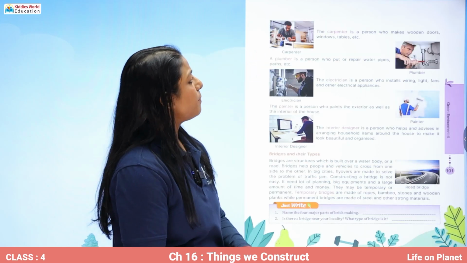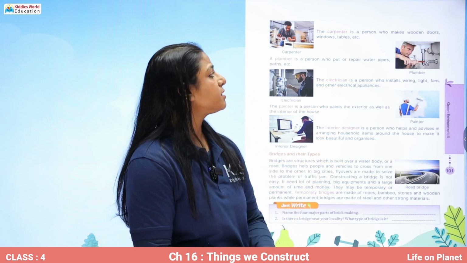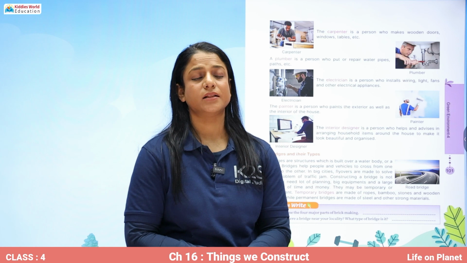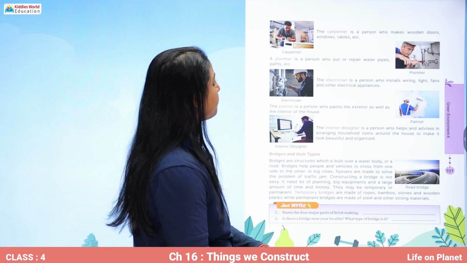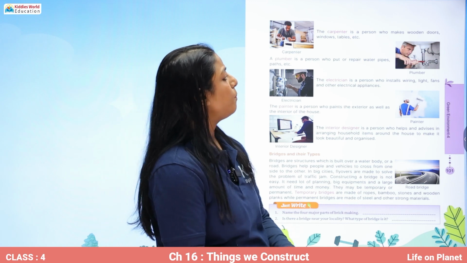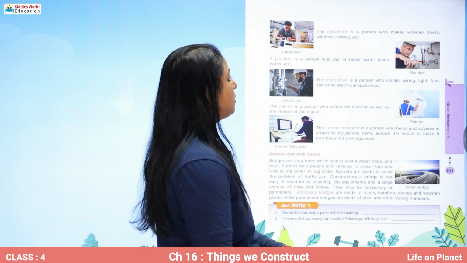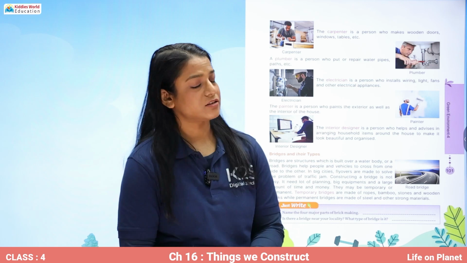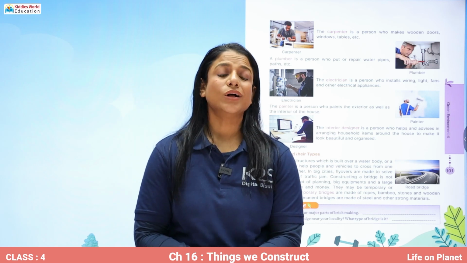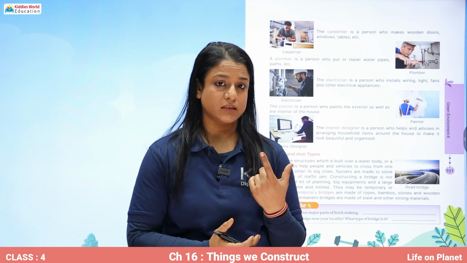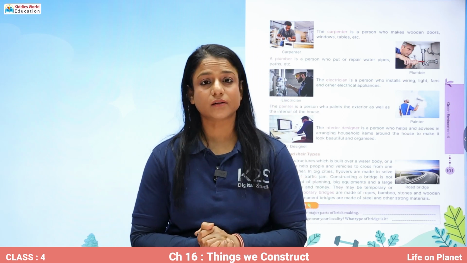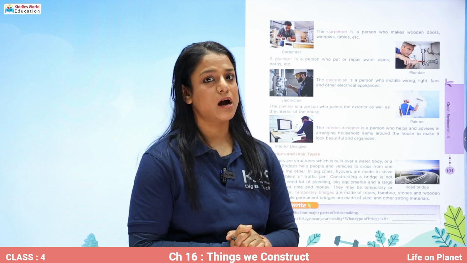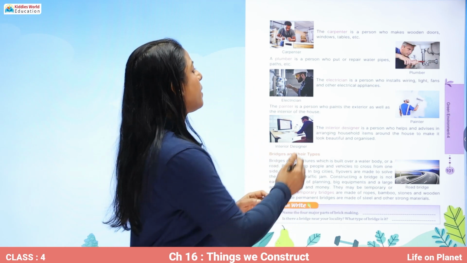Then comes a carpenter. A carpenter is a person who makes wooden doors, windows, tables, etc. So a carpenter basically works on wood. A plumber is a person who installs and repairs water pipes, baths, etc. So basically all the bathroom fittings, all the pipe fittings through which water is being supplied in a house, that is being done by a plumber.